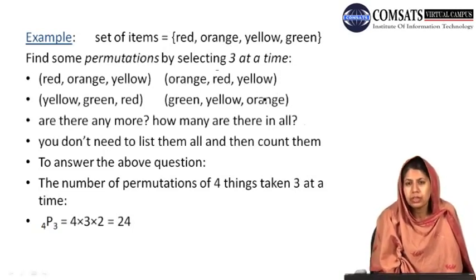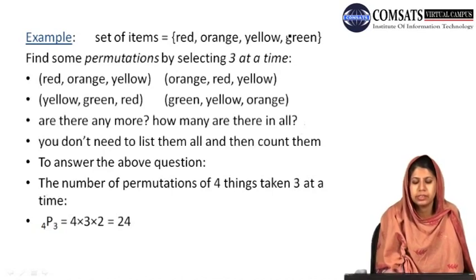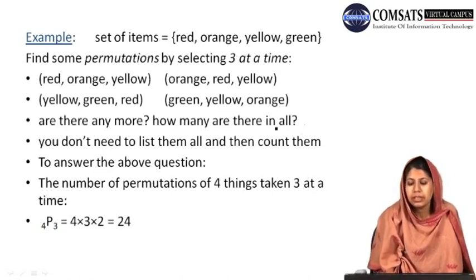But these 4 are not the only possible arrangements taken from these 4 items when we are taking 3 at a time. So are there any more? Yes, definitely there are many more possible arrangements, that is, there are many more permutations. Then how many are there in all?